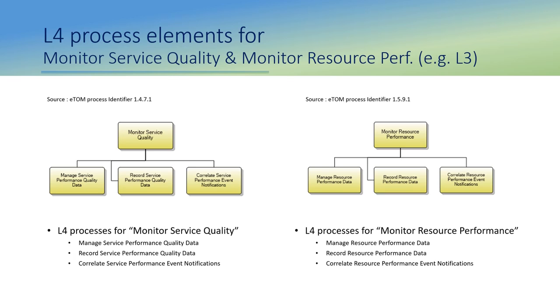Similarly, the objective of the monitor resource performance process is to monitor received resource performance information and undertake first-in detection. The L4 elements therein would be manage resource performance data, record resource performance data, correlate resource performance event notification.